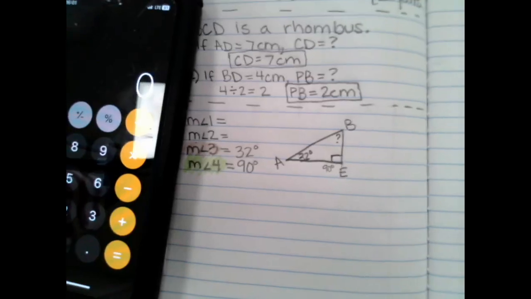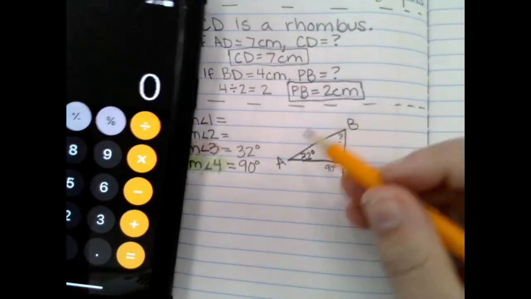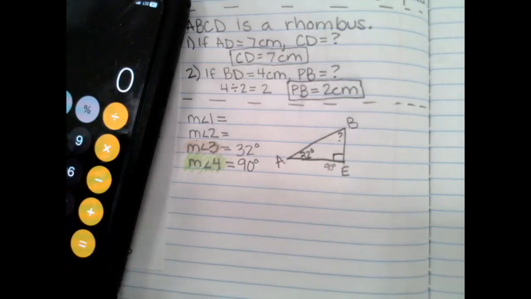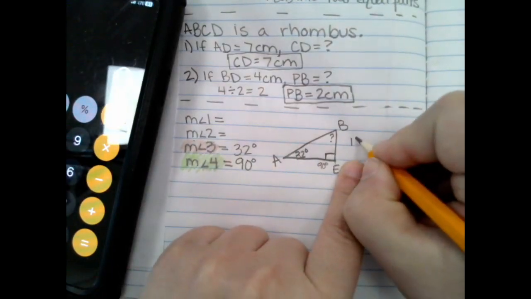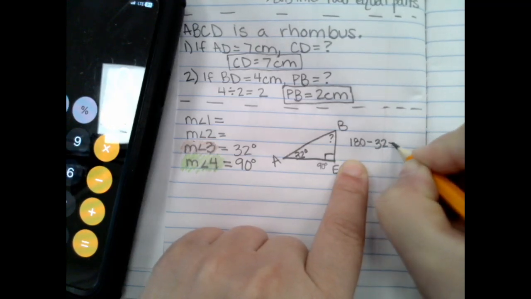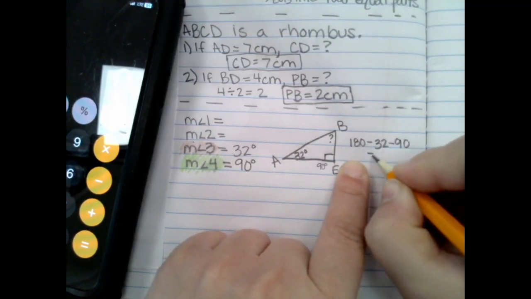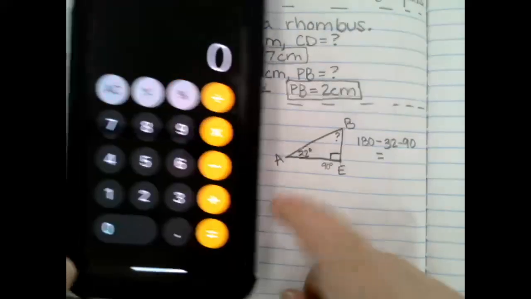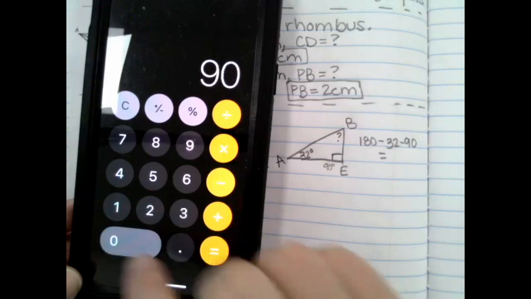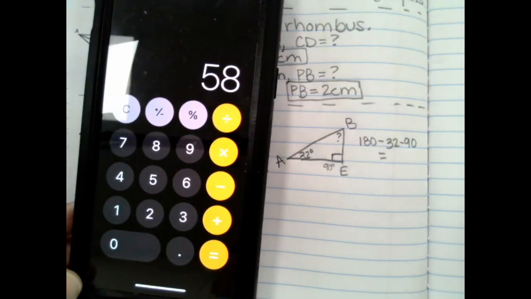So, again, this one is interesting. A lot of you do this different ways. You're just finding the missing angle. We know they all have to make 180. Some of you like to add these together, then subtract from 180. I like to just do it all at once. So I do 180 minus 32 minus 90, and we get 58.